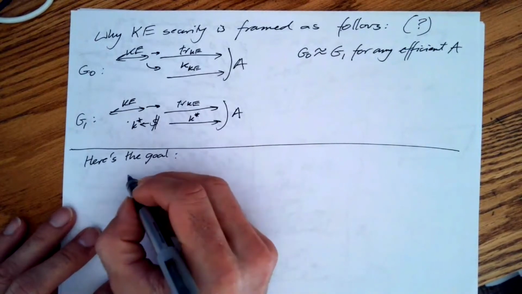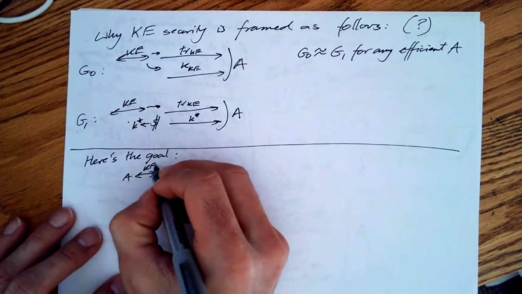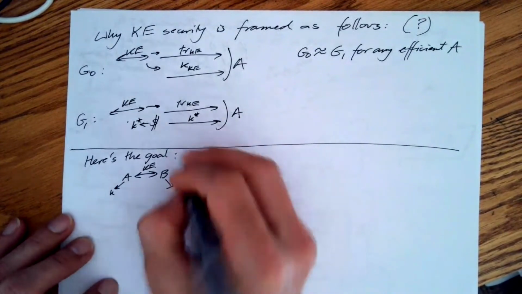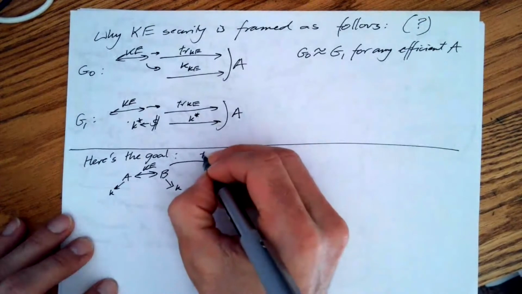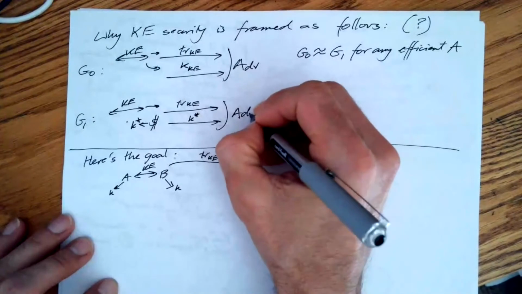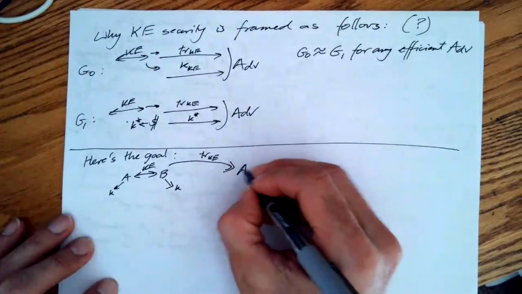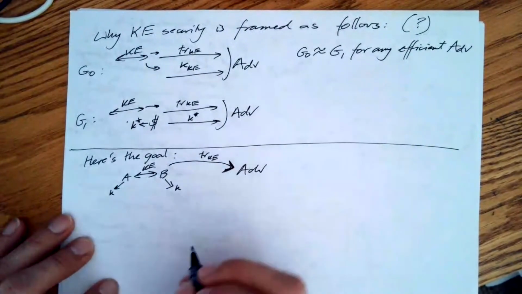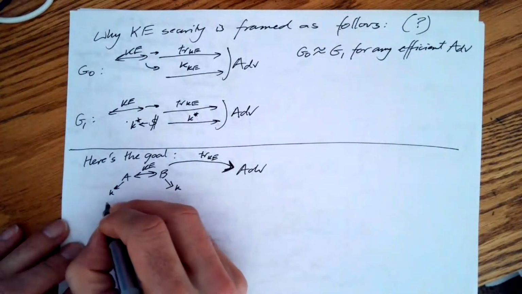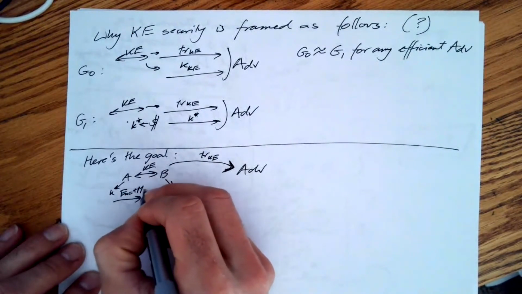We would like that if A and B are engaged in key exchange, and then they output some key because of this, and the transcript of the key exchange is observed by the adversary, and this is Alice and Bob. So the adversary gets the transcript, and so far he doesn't get information about the keys, but the keys are now used for encryption and authentication, right?